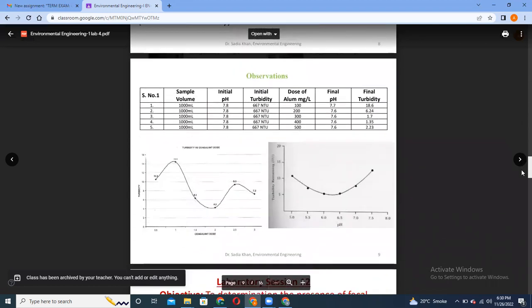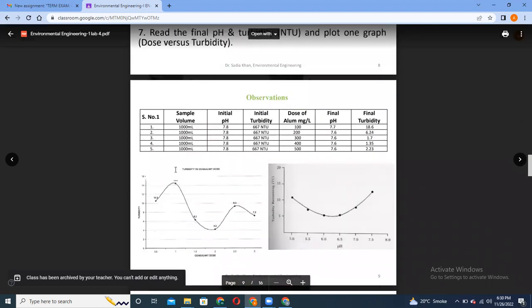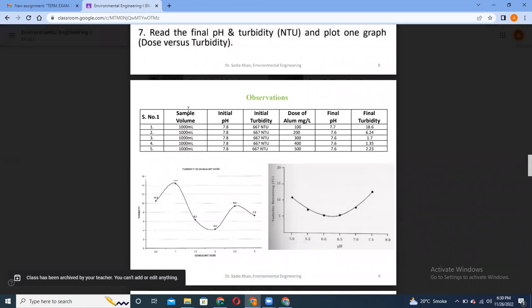Here we have an observation table that includes the sample volume. We have the same volumes in 5 intervals whose initial pH would be 7.8, and we will measure the initial turbidity from the turbidity meter machine.